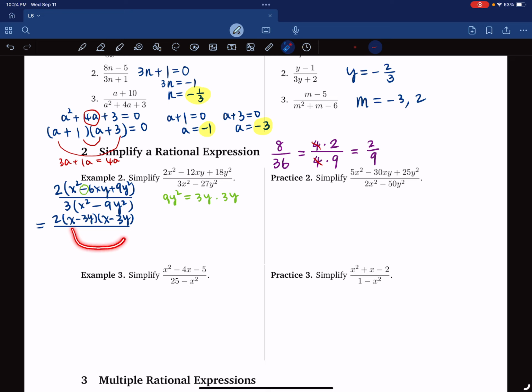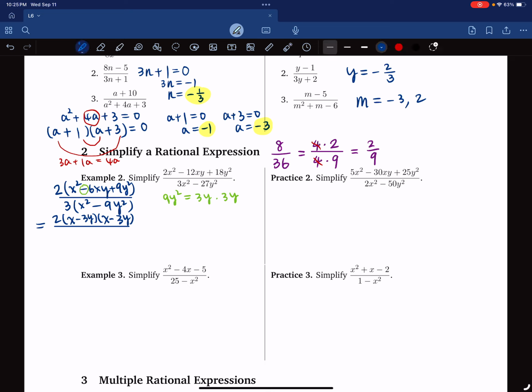So if I do these two, you get negative 3xy. And then if you do the middle two right here, you also get negative 3xy, right? And if you add these negative 3xy, we get negative 6xy. And as you can see, that is indeed what we need in the middle. So this is the correct way to factor it.